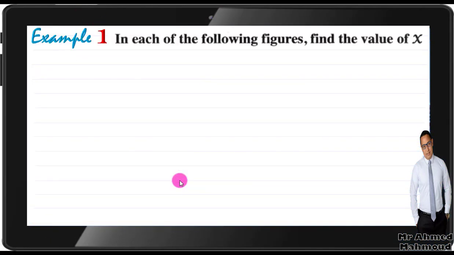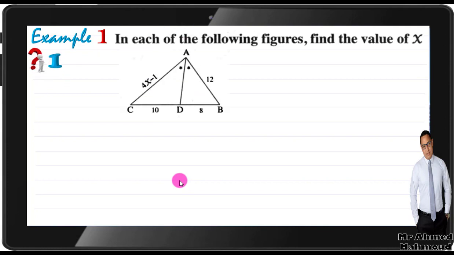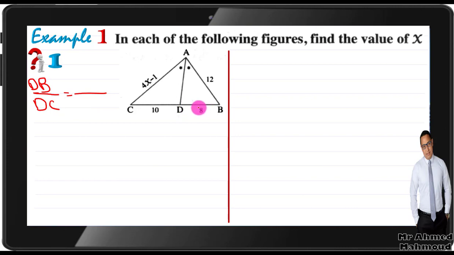In the opposite figure, find the value of x. Here AD bisects angle A internally. So DB over DC equals AB over AC, since DB is opposite to AB.